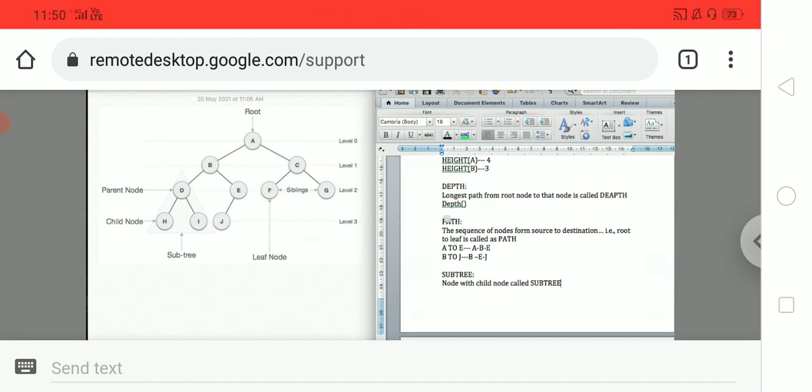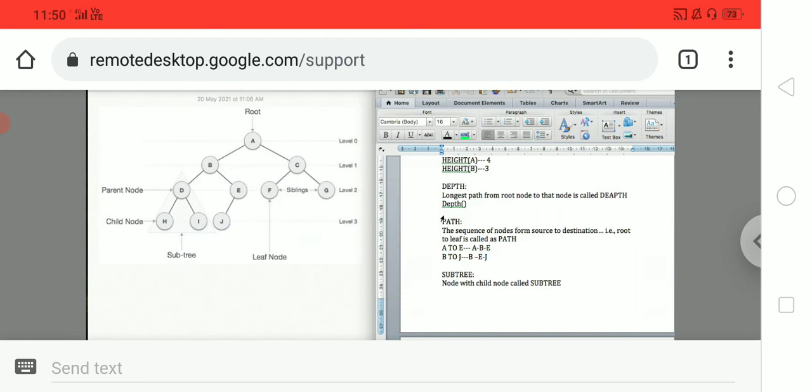Now subtree. So here B is a subtree, D is a subtree, and C is also a subtree, because for a tree there are so many subtrees.